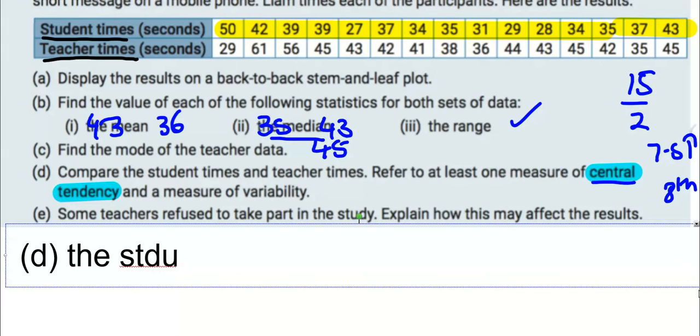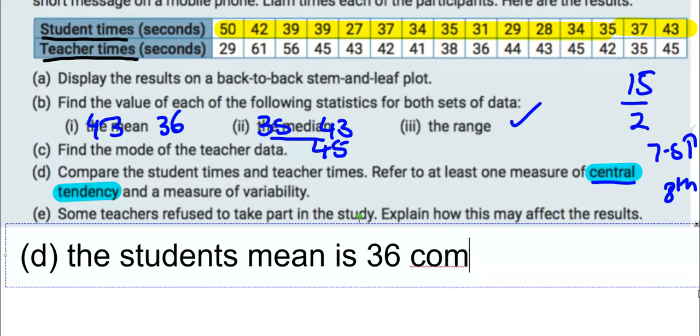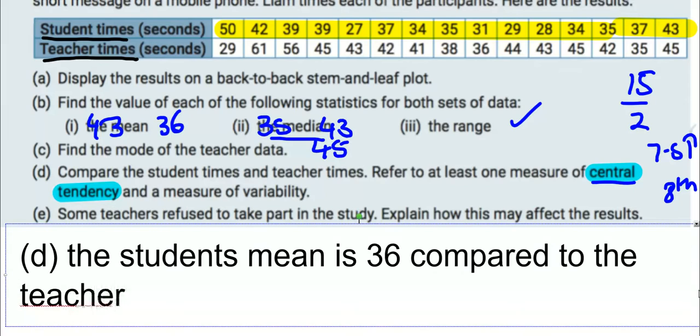So the students will use the mean. That's the students' mean, what is it again? 36, compared to the teachers. Oh, I should write in minutes, shouldn't I? Or seconds.